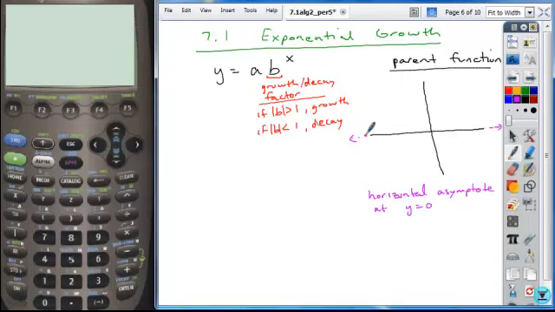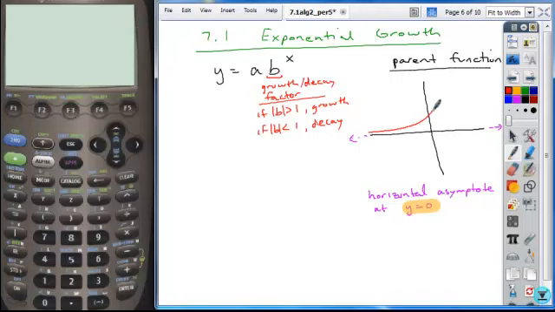An asymptote is an imaginary line that a graph approaches but never actually reaches. The graph will get closer and closer to this line, but it'll never actually reach it. When I ask you to identify the horizontal asymptote, you do that through an equation, y equals whatever that asymptote is.